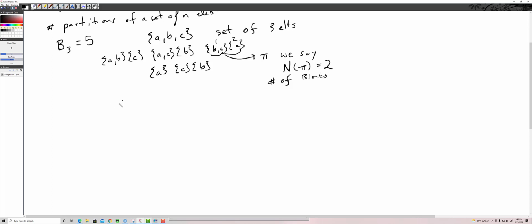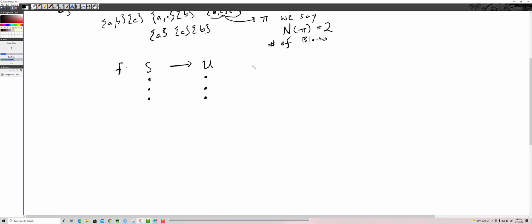So Rota looked at it like this. Let's take just a set function, okay? And here I'm going to use 3 elements because we're working with b sub 3 anyway. But let's generalize just real quickly.